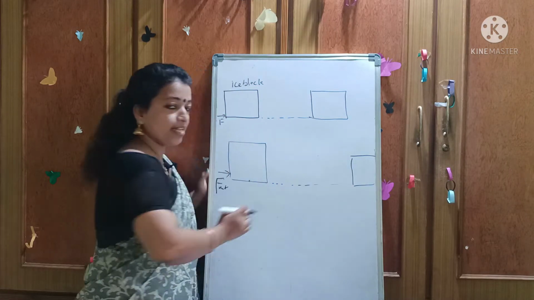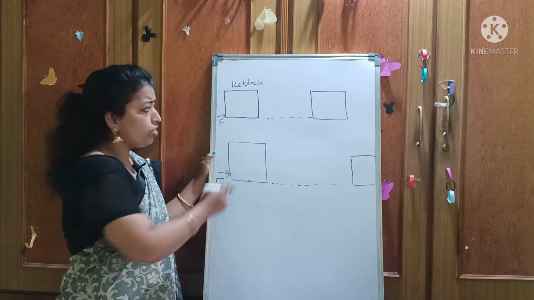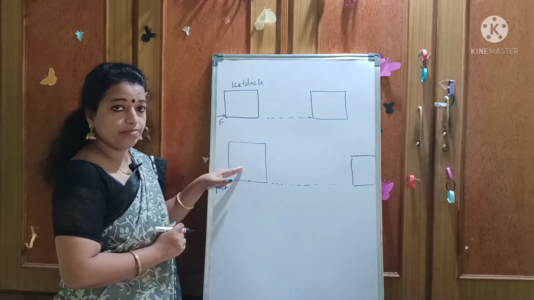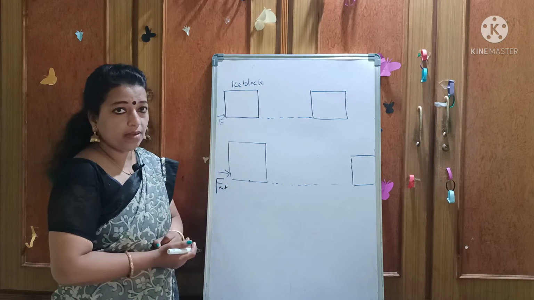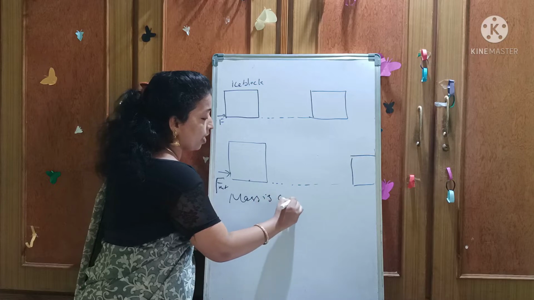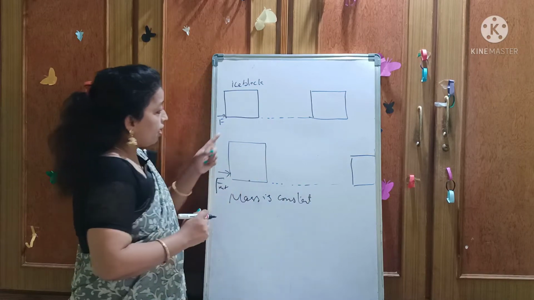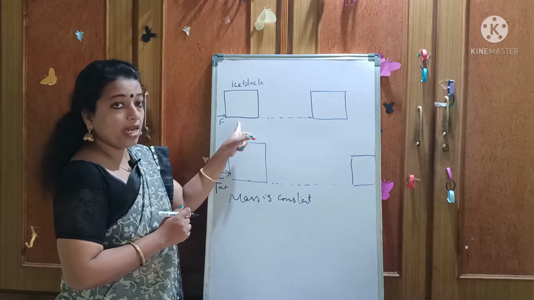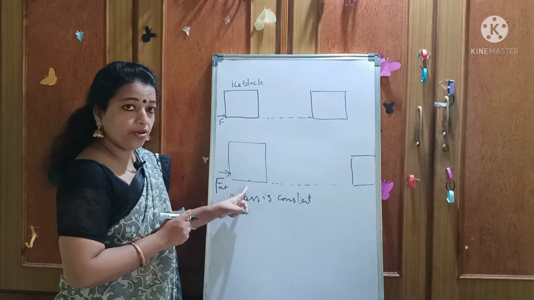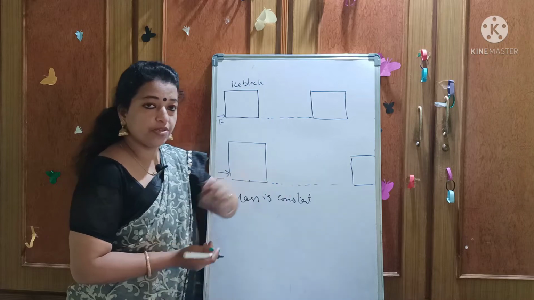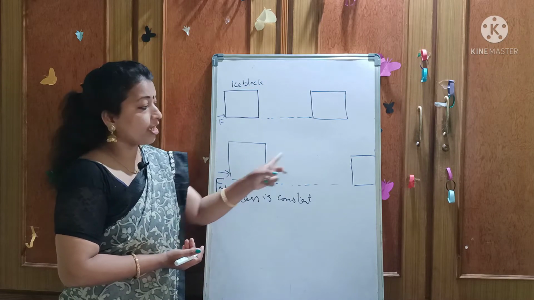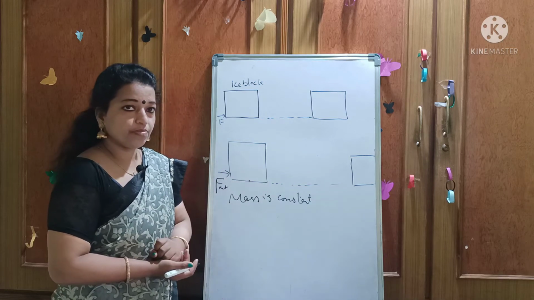What are you observing here? The mass is constant, the same ice block. When mass is constant, a smaller net force gives smaller acceleration, and a larger net force gives greater acceleration.